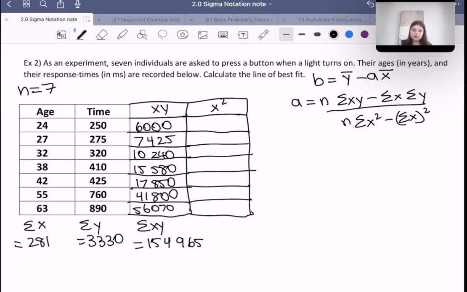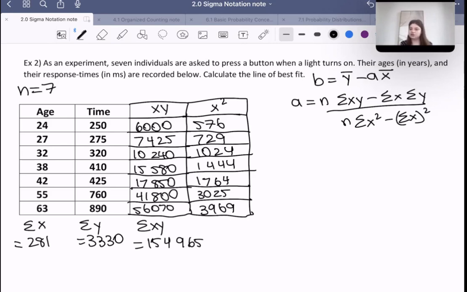Okay, so 24 squared is 576. 27 squared is 729. 32 squared is 1024. 38 squared is 1444. 42 squared is 1764. 55 squared is 3025. 63 squared is 3,969. Awesome. All right, so let's add all those up and divide by 7.